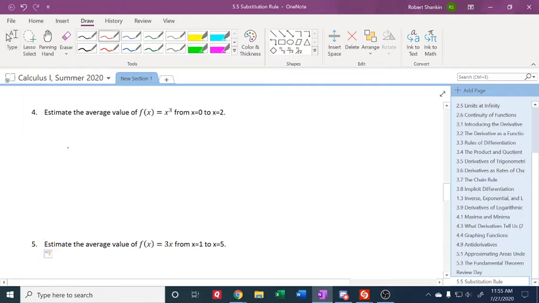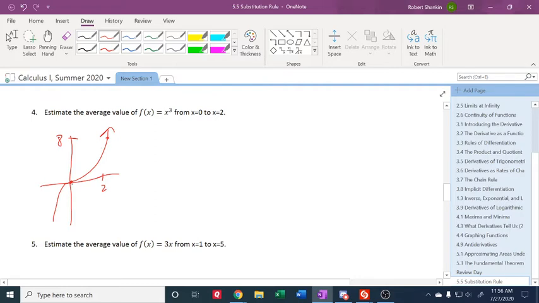So the average value. We have y equals x cubed going from 0, 0 to 2, 8, right here. And what's the average value? Well, it's always positive.